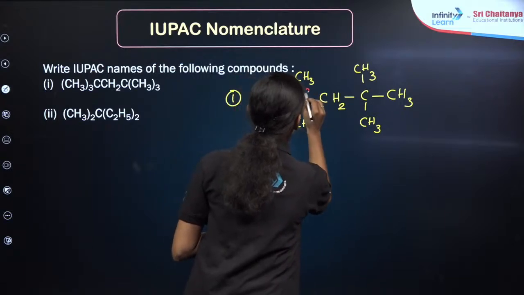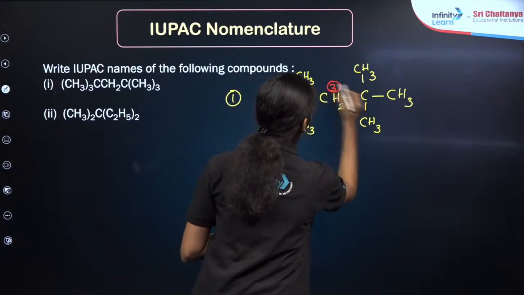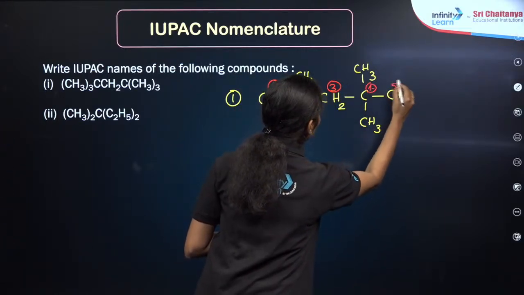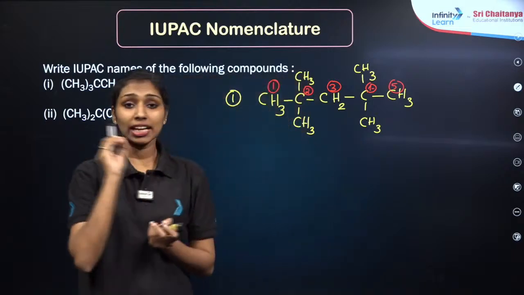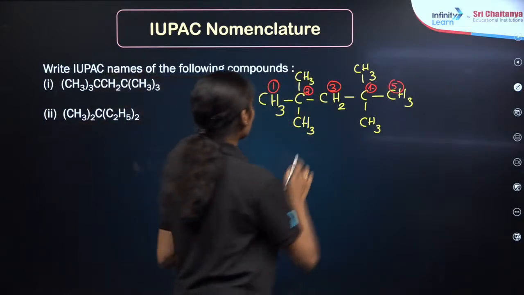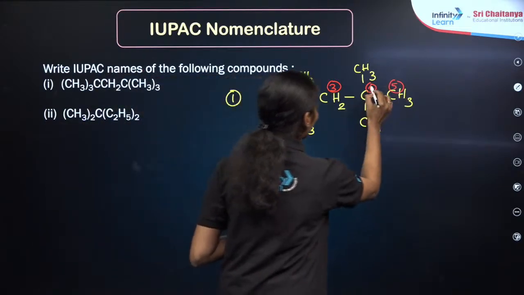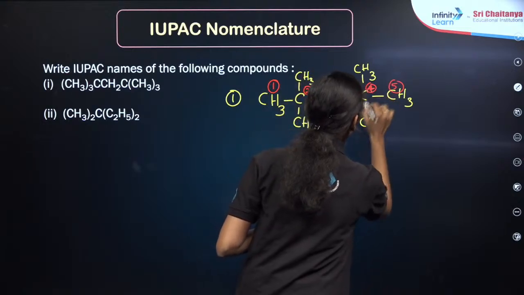Number the compound here: 1, 2, 3, 4, 5. You can try with the maximum possibilities. If I am trying like this, 1, 2, 3, 4, 5, this is a 5 carbon chain, right?